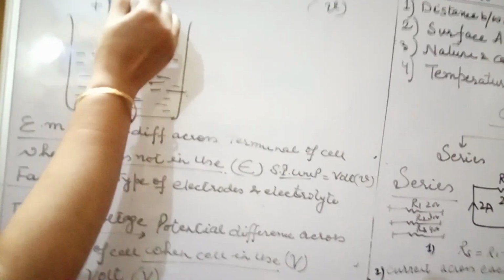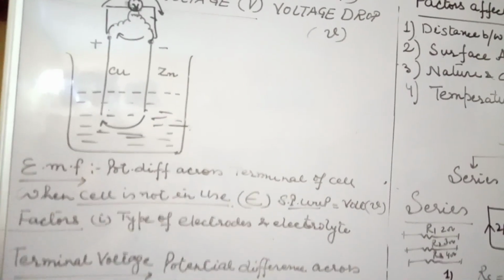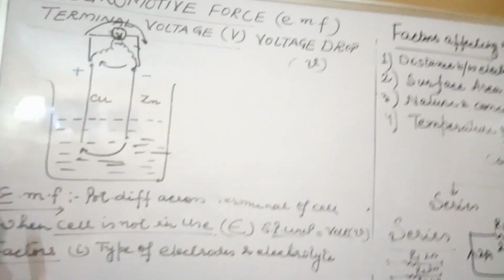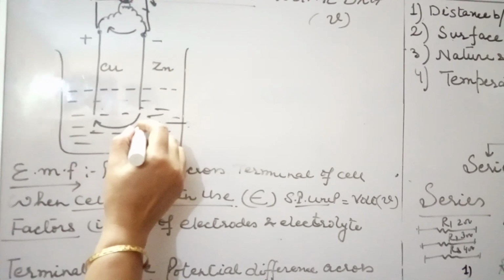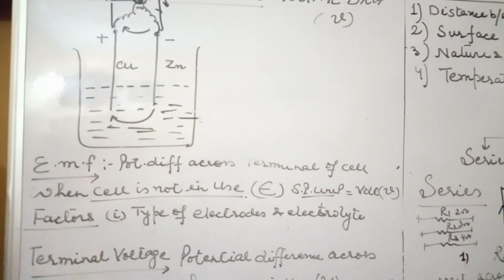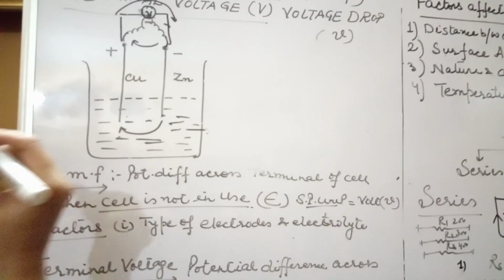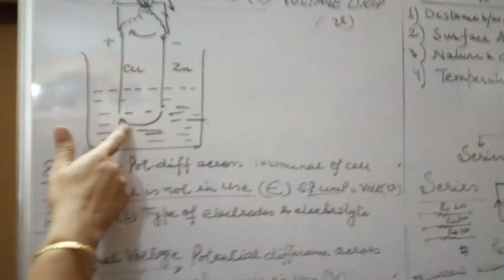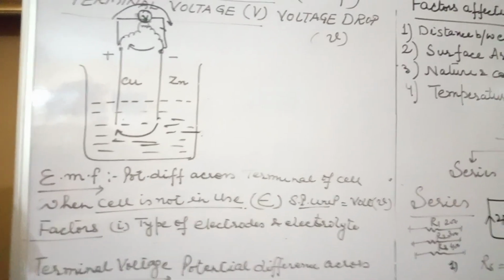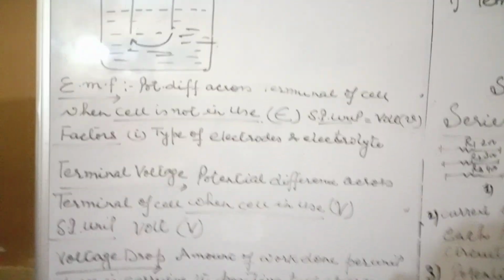Outside, a wire is connected, no problem, but inside no wire is connected. So what will work as the wire? That is the electrolyte. Obviously current will flow inside the cell from negative to positive through the electrolyte, and this electrolyte will offer some obstruction in the path of this current. That obstruction is called internal resistance.